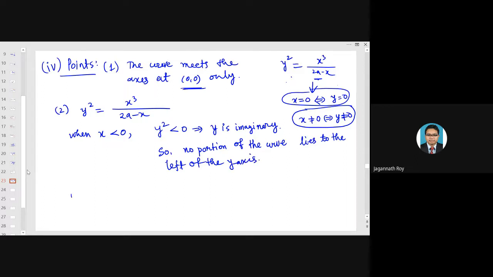Now when x is greater than or equal to, for example, 2a, then also y square becomes negative. That means y is imaginary again.